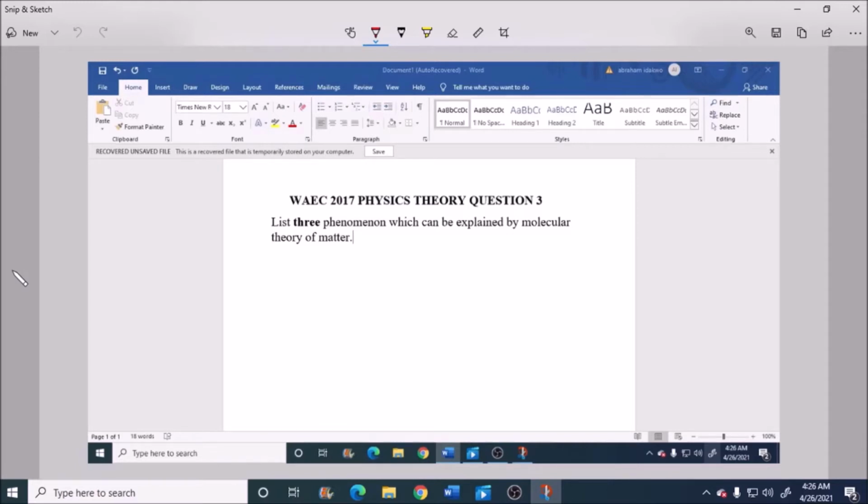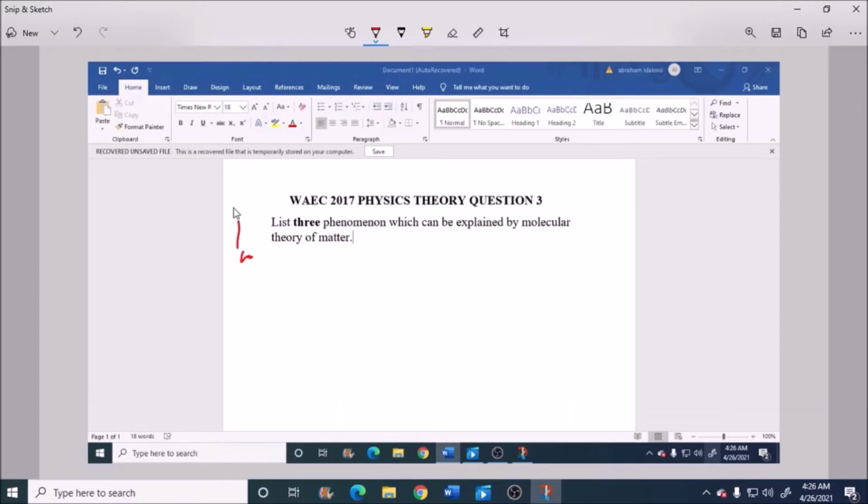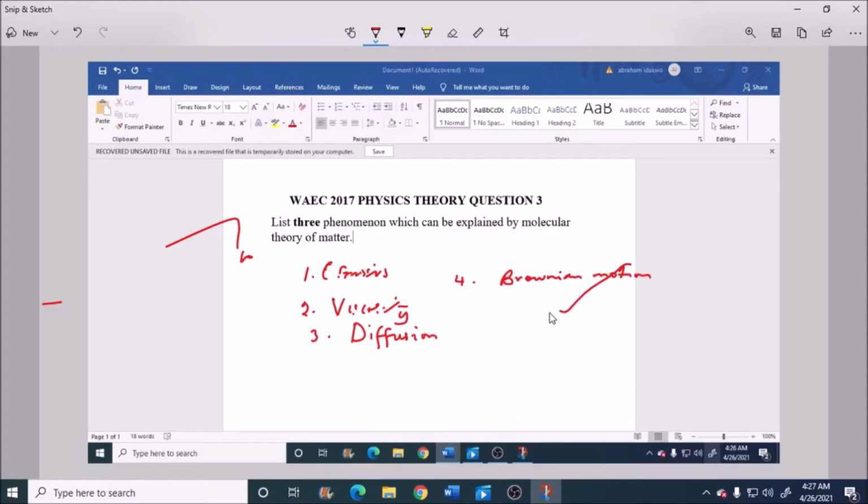the phenomena that can be used to explain molecular theory of matter are: number 1, osmosis, number 2, viscosity, number 3, diffusion, number 4, Brownian motion, and we can also have number 5, capillarity.